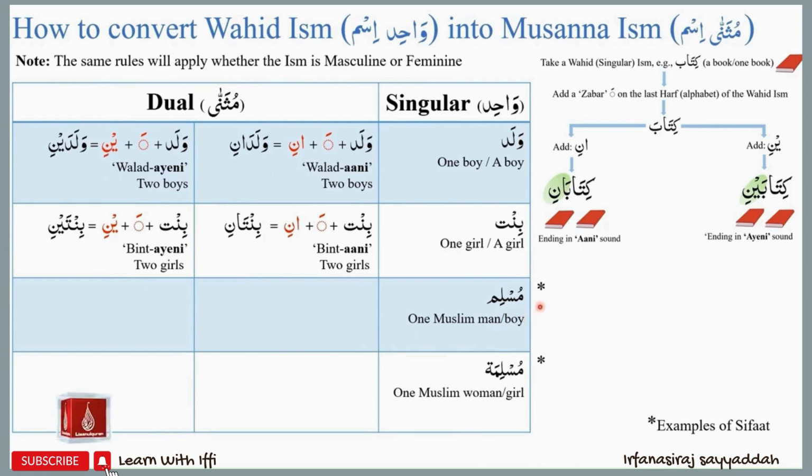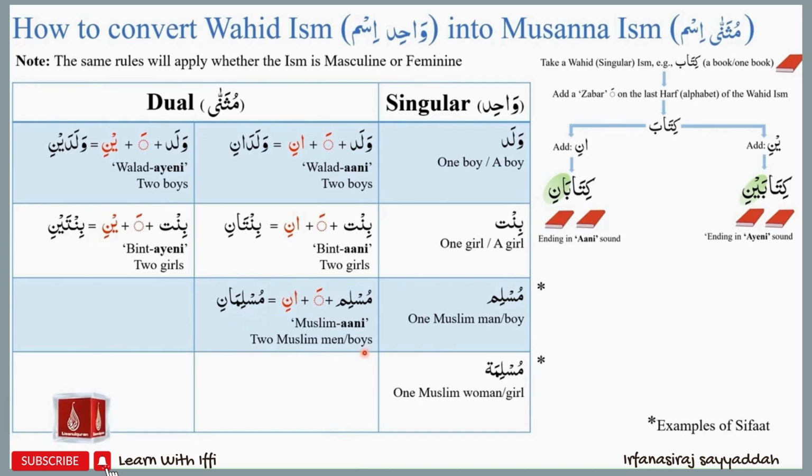Now coming to sifat, the first one we have is Muslim. The same rule will apply. To Muslim, we will add a zabar followed by alif noon zair, and we have the word Muslimani, which means two Muslim men or two Muslim boys.